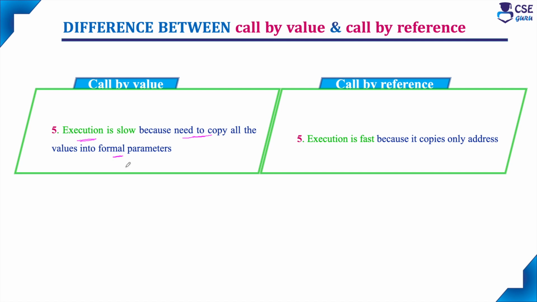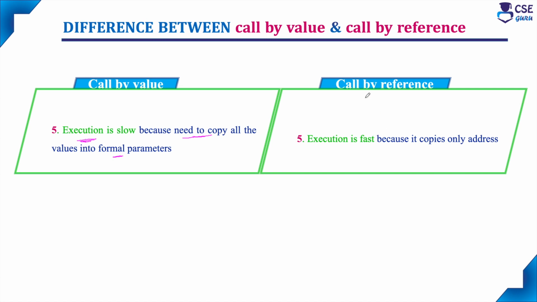Again, to store the values of formal parameter variables, we need a separate memory location. So, two different memory locations should be created to store the same variable values, because the actual parameter sends a copy to its formal parameter. Time is wasted in allocating the memory location for the actual parameter separately as well as for the formal parameter separately. So here, execution is comparatively slow.